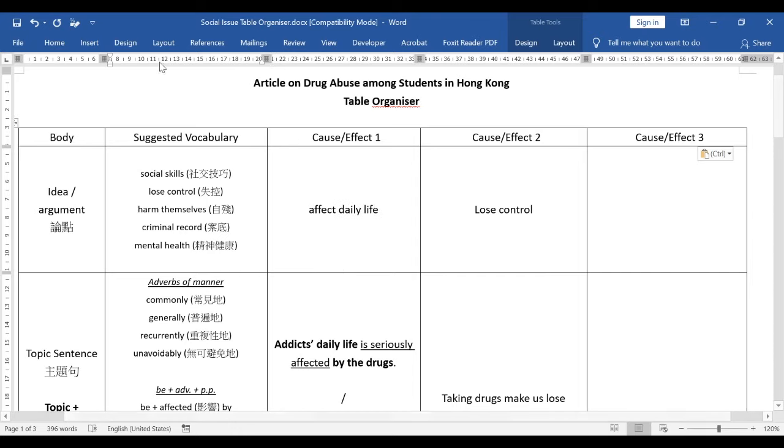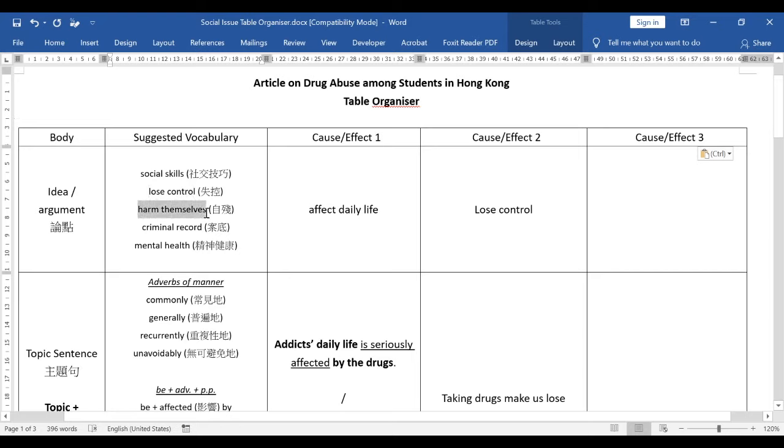So you try to brainstorm some vocabulary. You start with one single simple idea, and stem out like a mind map into different examples of daily life. So say, for example, social skills, you can lose control.